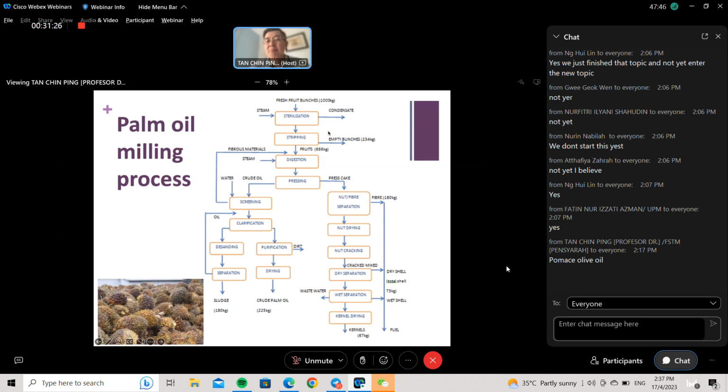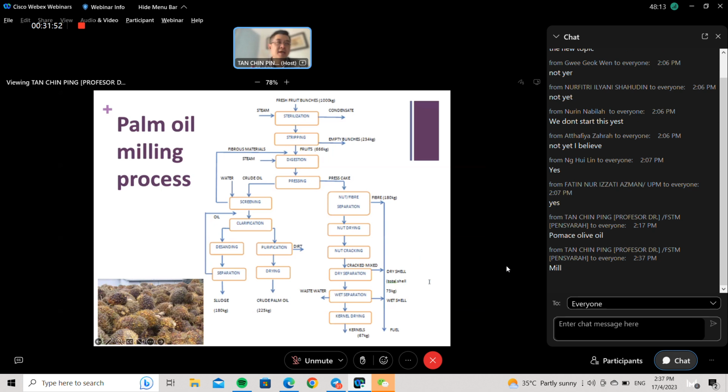When one begins the milling process in the palm oil industry, we call the extraction of crude oil from palm fruits a milling process. The factory, we call it a mill. Okay, I just typed it in.